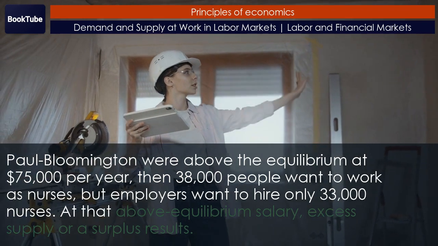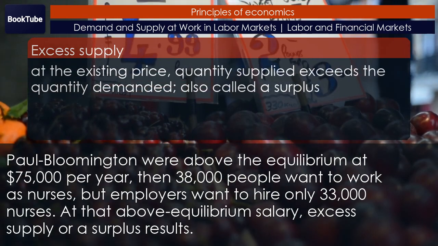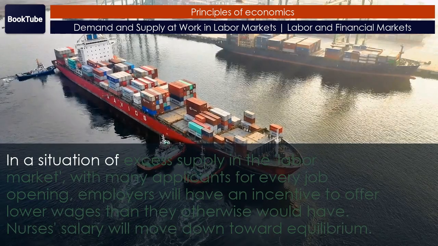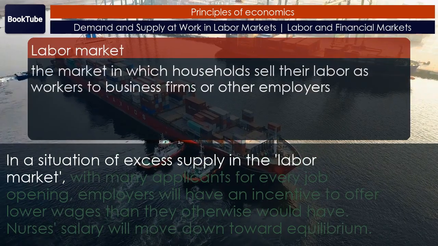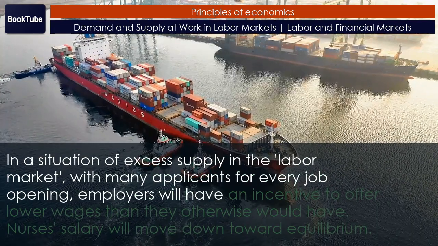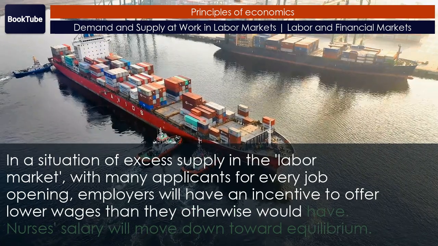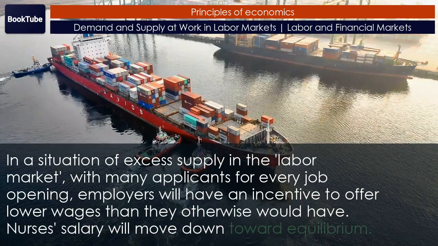At that above-equilibrium salary, excess supply, or a surplus, results. In a situation of excess supply in the labor market, with many applicants for every job opening, employers will have an incentive to offer lower wages than they otherwise would have. Nurses' salary will move down toward equilibrium.